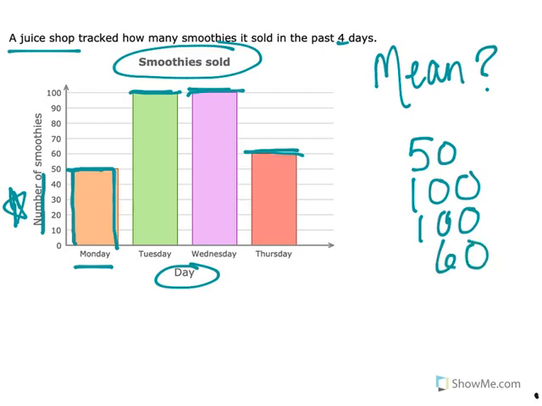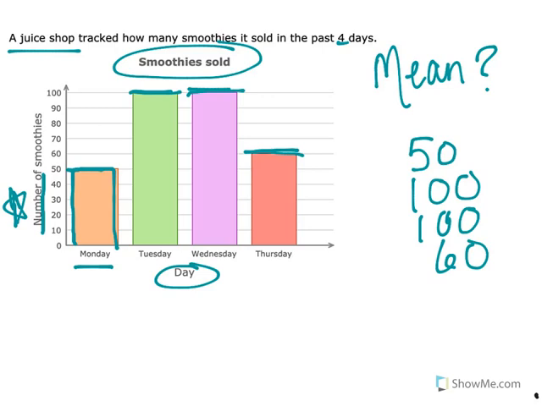So I need to recall, how do I find the mean now that I know my pieces of data? I know that I can find the mean of a data set by adding up all of the values of the data set, so adding up all of these numbers, 50, 100, 100, and 60, and then dividing by the amount of pieces in the data set.